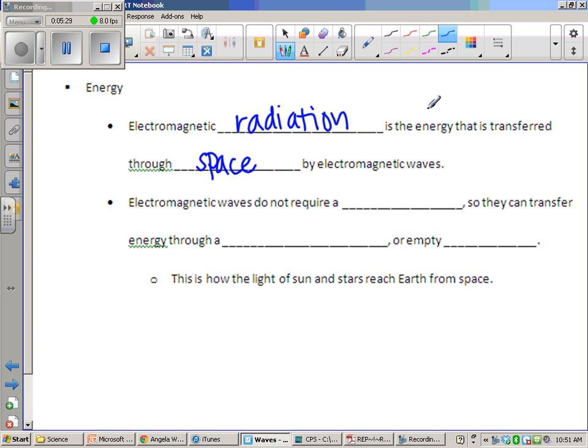Okay, the electromagnetic radiation is what allows these electromagnetic waves to not have to have a medium like a mechanical wave must have a medium. So because it has the electromagnetic radiation, it can travel through space. Okay, so electromagnetic waves do not require a medium.